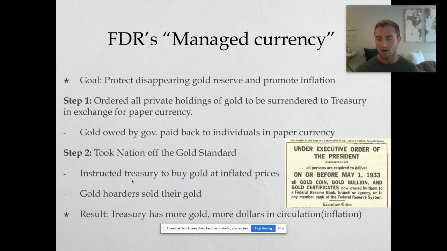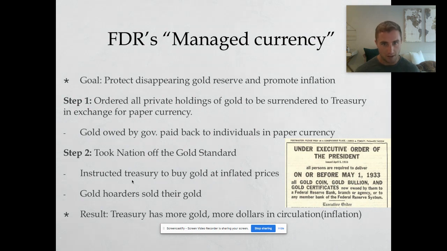FDR is also going to try to play around with the gold standard. First of all, the country is losing lots of wealth in the Depression. They're losing lots of gold. And he's worried that the paper currency is just not going to really be worth anything with no gold in the nation's vaults. And so step one of his managed currency system was ordering citizens to return their gold to the treasury to be exchanged for paper currency.